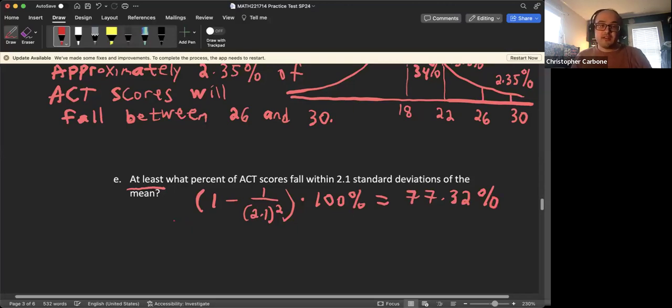And I'm also going to want the range of values. So you need to take 18 plus and minus 2.1 times 4. So subtracting gives 9.6, and adding gives 26.4.